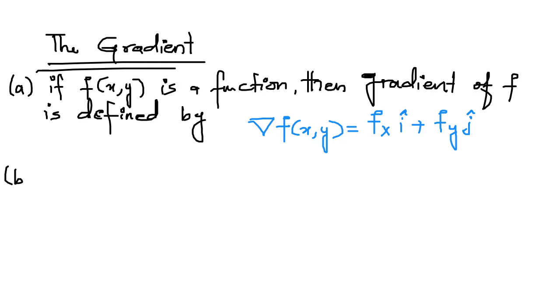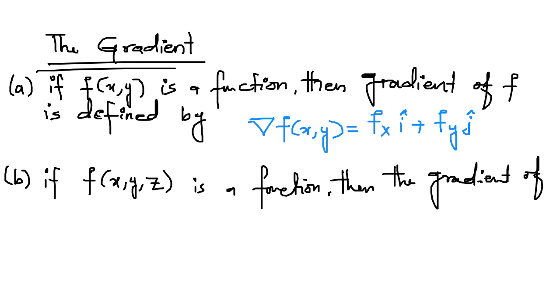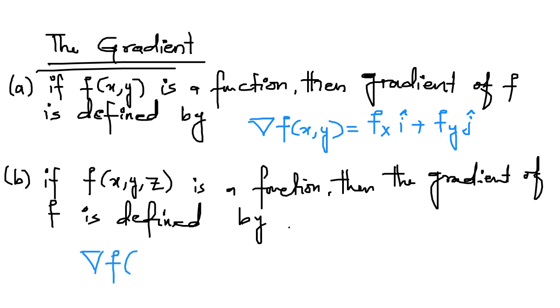When we talk about three dimensions, if you have a function of x, y, and z, then the gradient of the function is defined by delta of the function of x, y, and z.